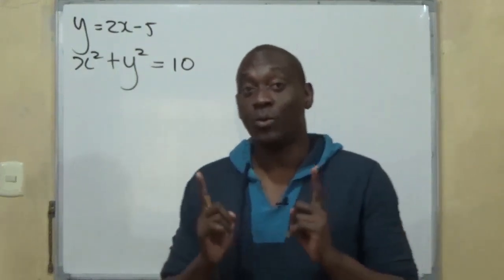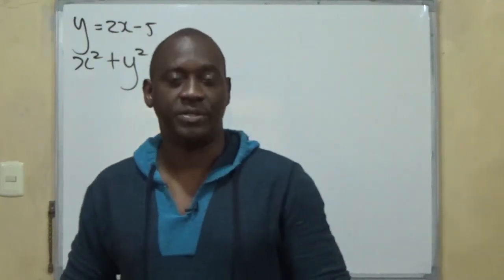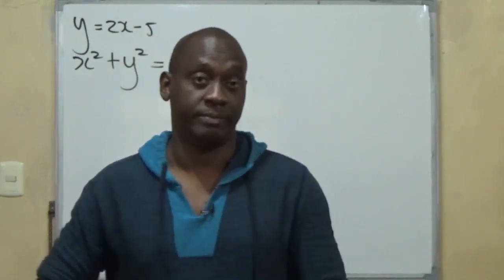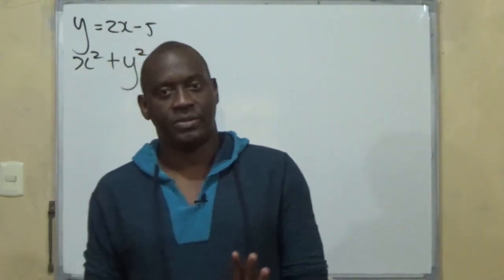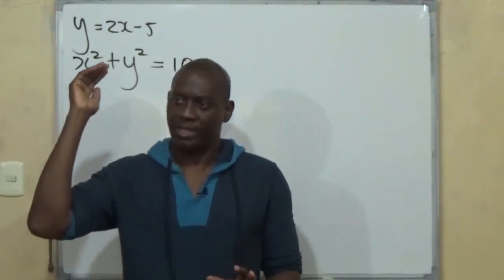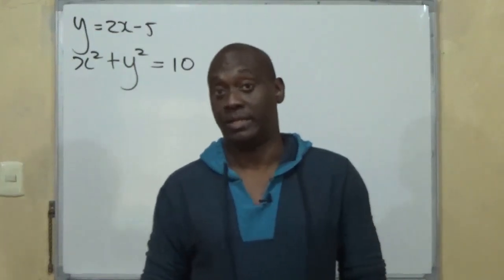In that case, the only option that is available will be the option of substitution. You have to substitute something into another thing. Right? And the substitution works where you substitute from the linear into the quadratic.